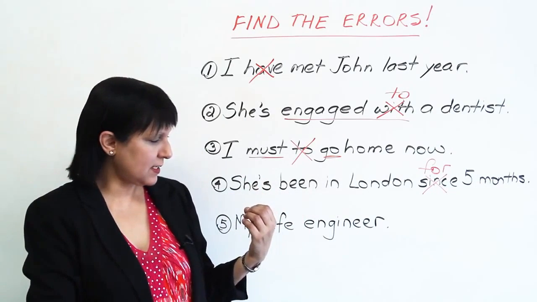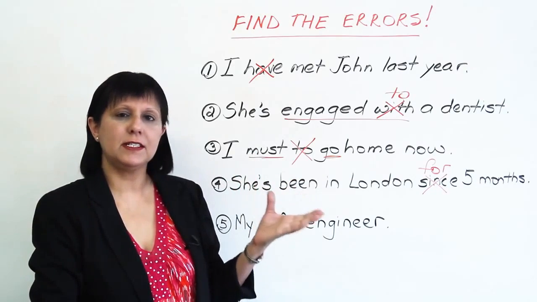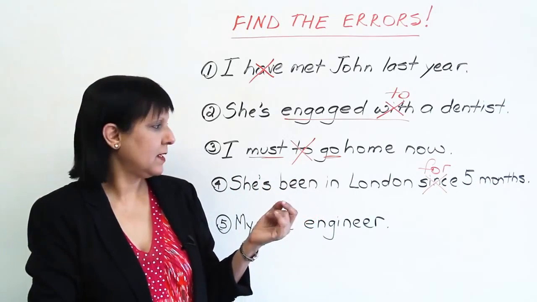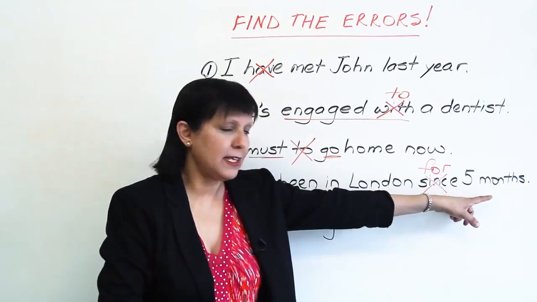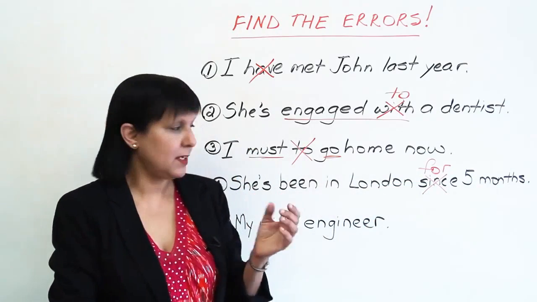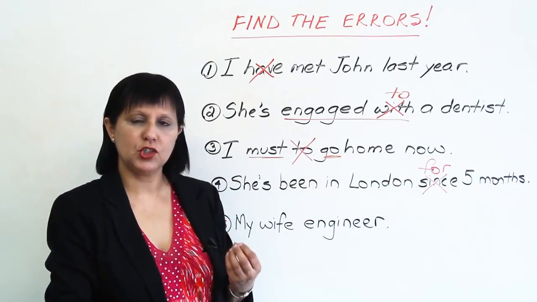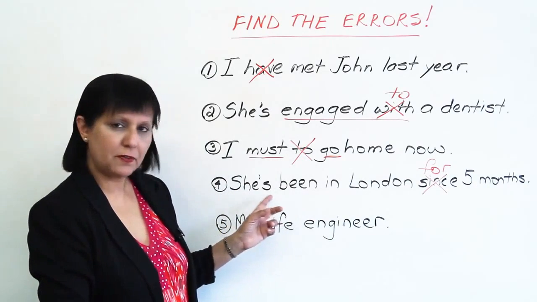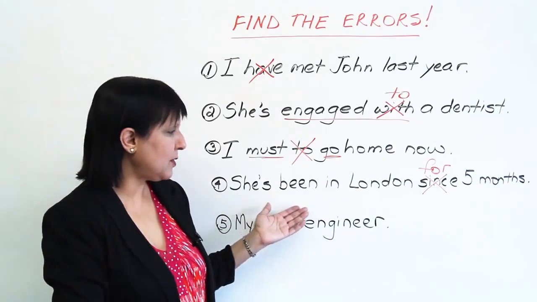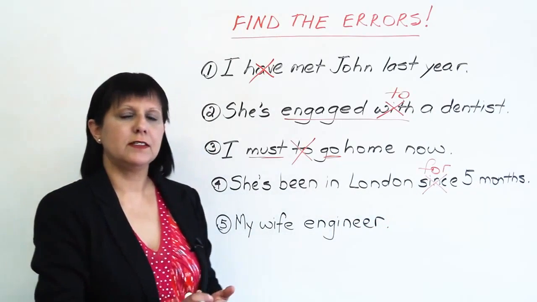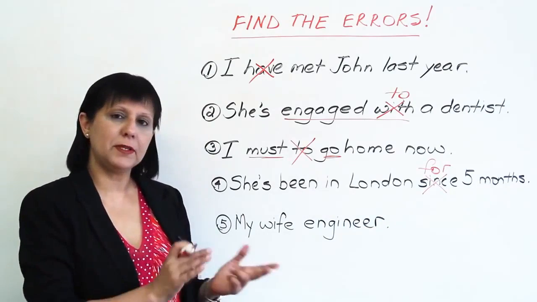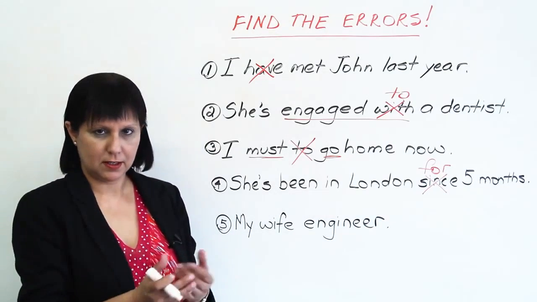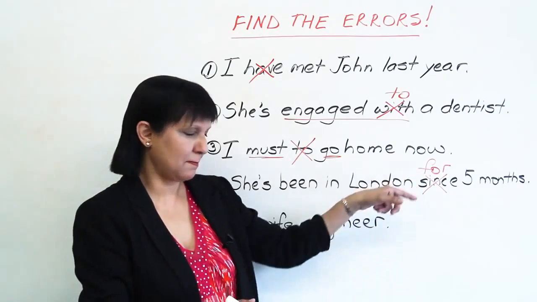We use since plus the point in time when something happened, right? But if you're giving the length of time or the period of time, then you have to use the preposition for. Okay? So this part is present perfect. That's fine. Very often with present perfect, we do see prepositions like since and for, but you have to learn how to use them correctly.